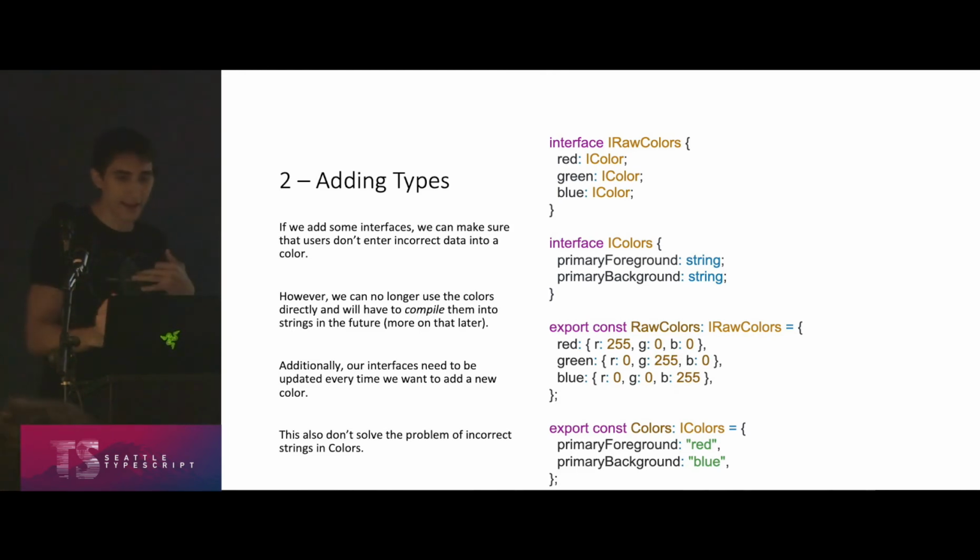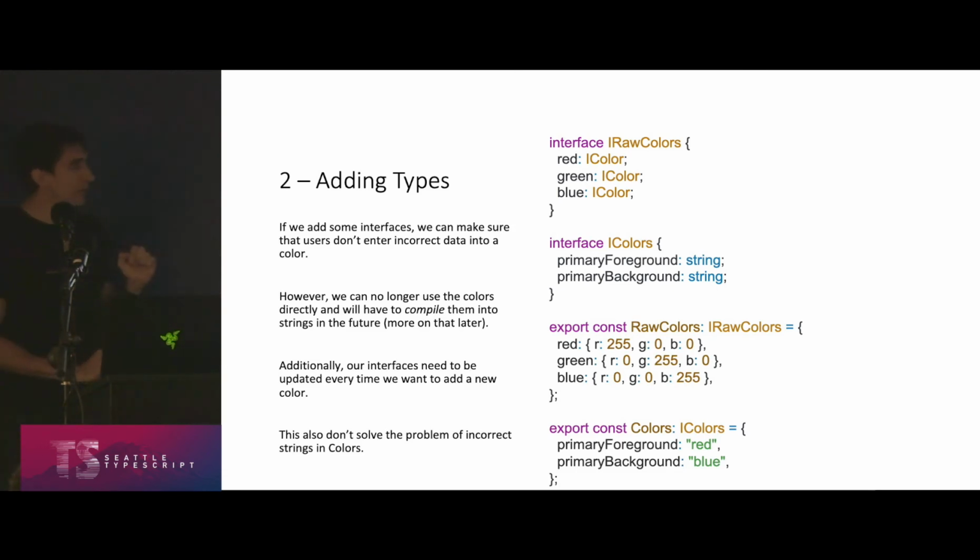And then we're also going to add some more types in other locations. So we've got an interface now for all of our raw colors. So this object now has to match up with that interface. And we're going to have another interface for all of our reference colors right here. So now our reference colors have to match up with that interface. So we're a little bit safer now, but we've created new problems.